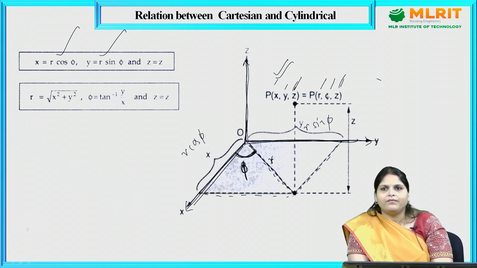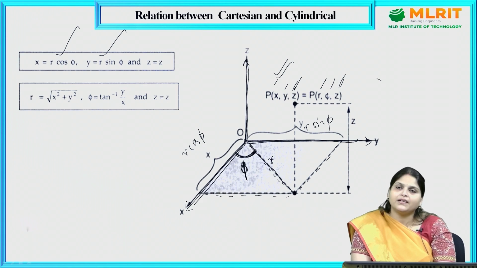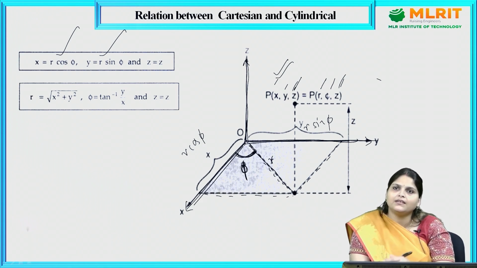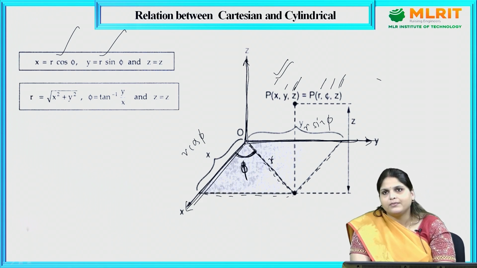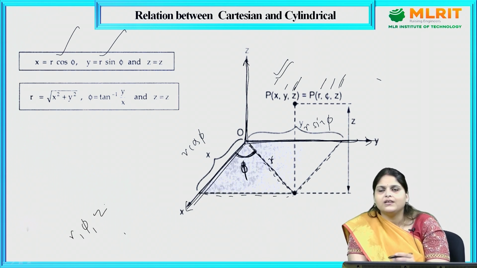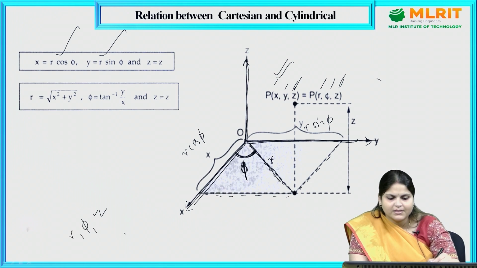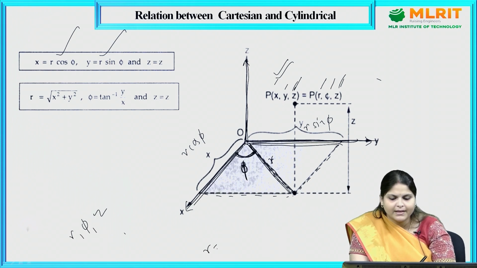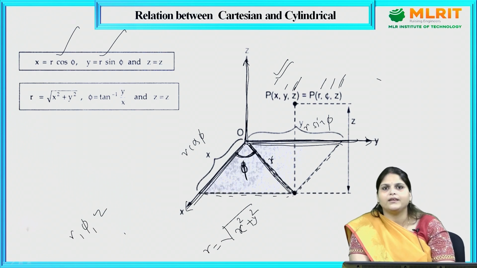Similarly, if I have some points given in the Cartesian coordinate system and I want that in the circular cylindrical coordinate system, obviously I need r and phi because z would be constant. To get r, see, in this diagram this is the resultant of x and y. So if I want to find r, I can simply write the square root of x squared plus y squared.